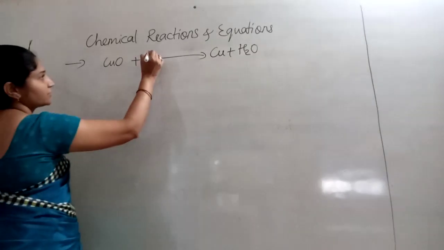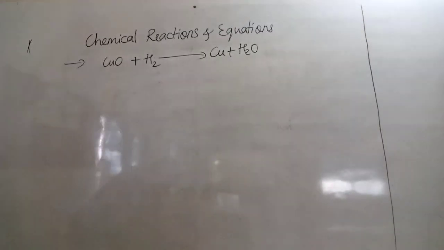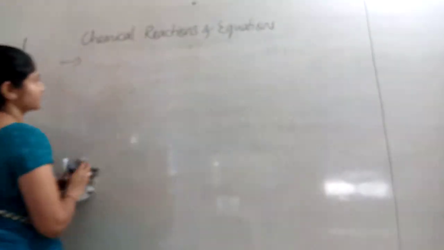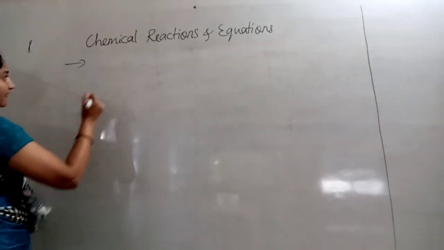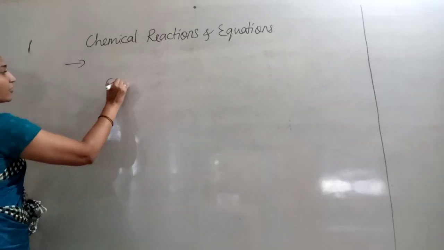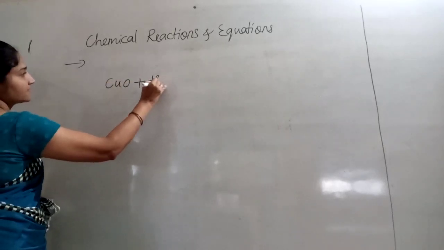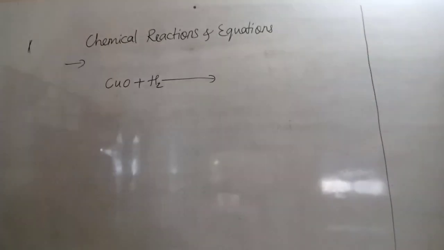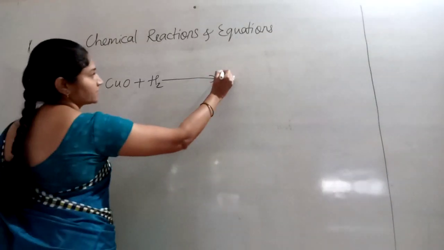Take down H2 to H2O. Just a minute, I will write it a little lower so it is marked properly. Copper oxide plus H2 gives copper plus water.